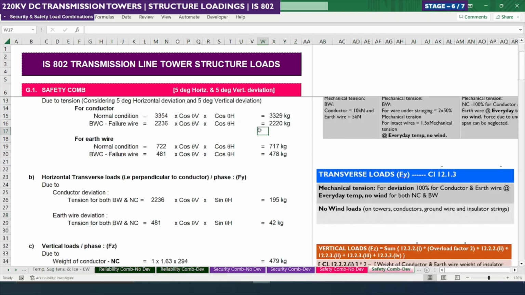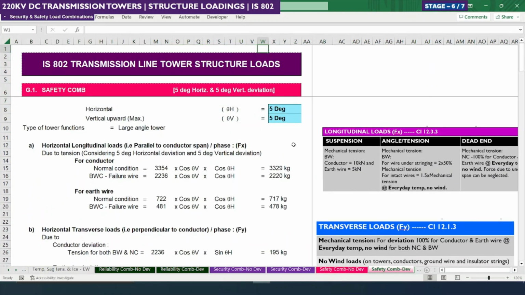So this is all about our various calculation methods for safety, reliability, security cases.